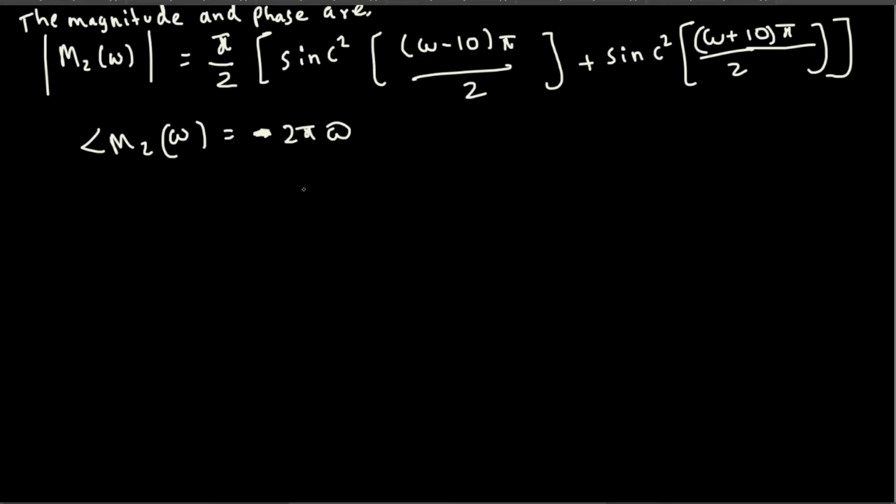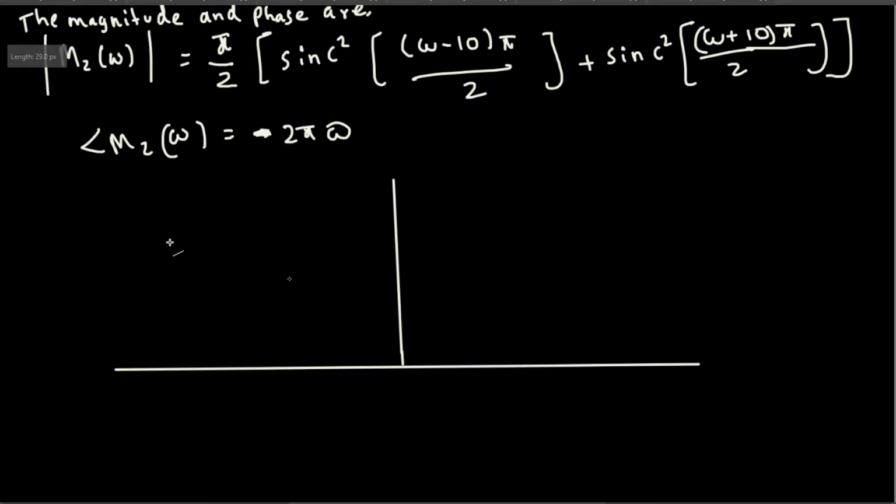Okay, now since the magnitude spectrum is the same, the graph is going to look exactly the same as before. We are going to have this height, and then another one exactly like that.